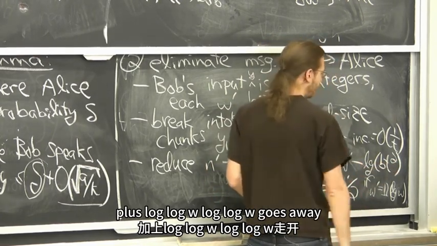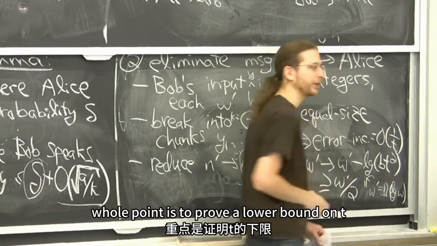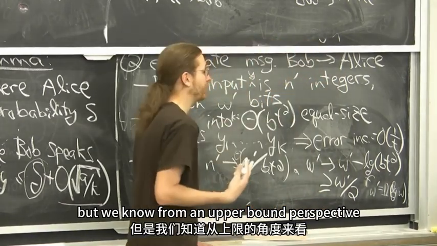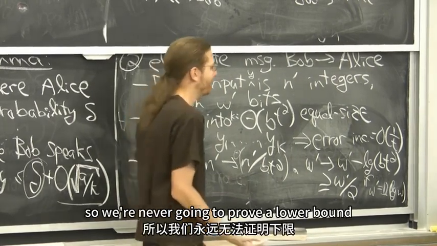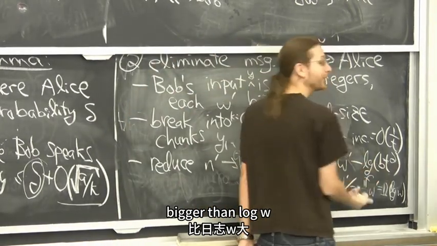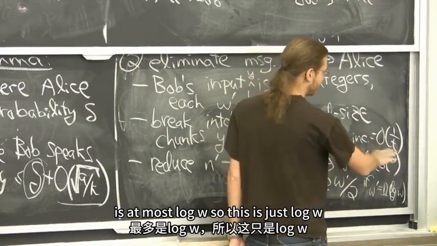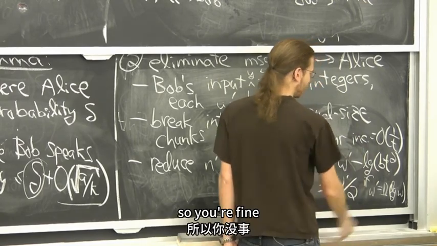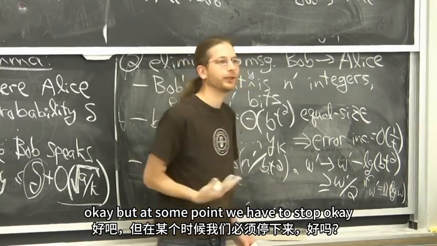Log w goes away. What is t? The whole point is to prove a lower bound on t. But we know from an upper bound perspective, t is at most log w because van Emde Boas exists. So we're never going to prove a lower bound bigger than log w. So whatever t is going to be is at most log w. So this is just log w. So you're fine. But at some point we have to stop.